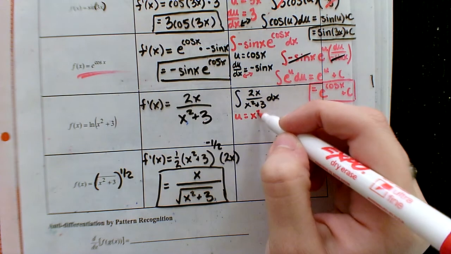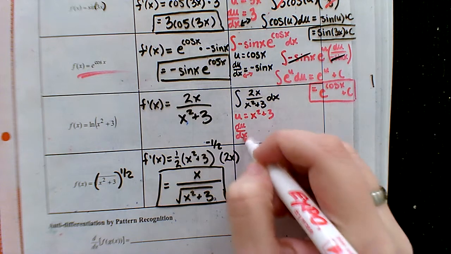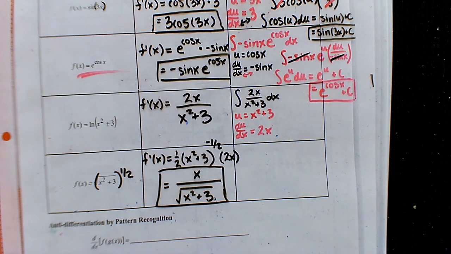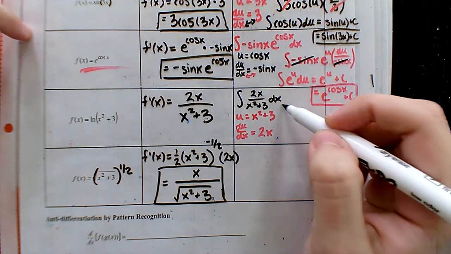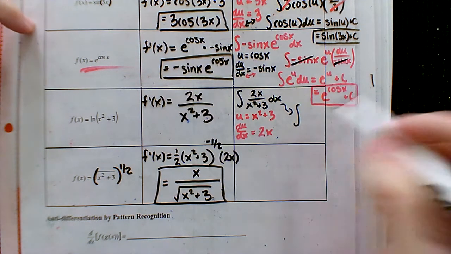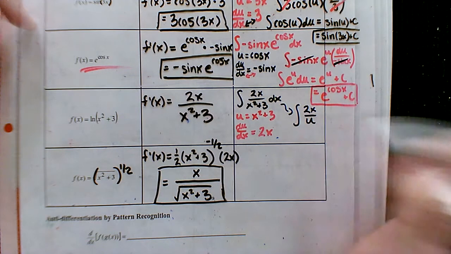So we'll let u be x squared plus 3. The derivative of that, du over dx, would be 2x. So with those two equations, we're going to try to rewrite this original integral. All right, so the only thing I did was I let the denominator be u.